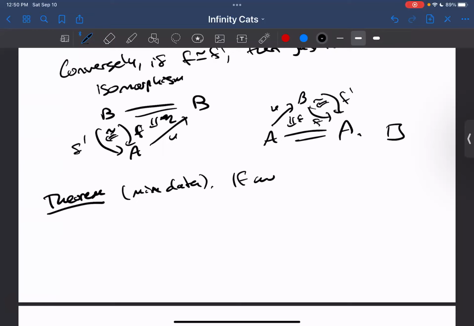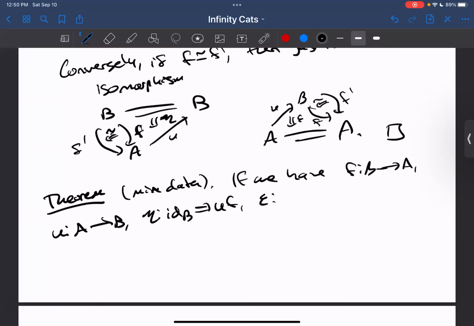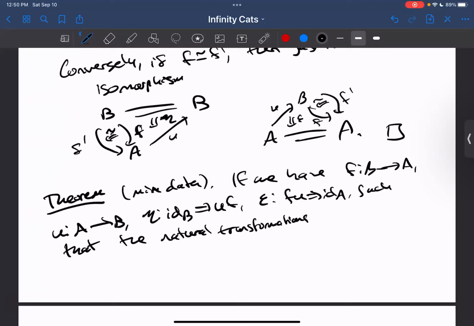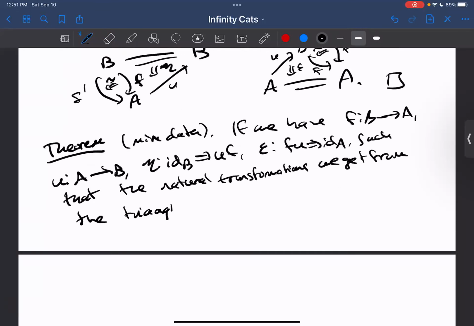So if we have F maps B to A, U maps A to B, eta maps the identity on B to UF, and epsilon maps FU to the identity on A, such that the natural transformations we get from the triangle diagrams.